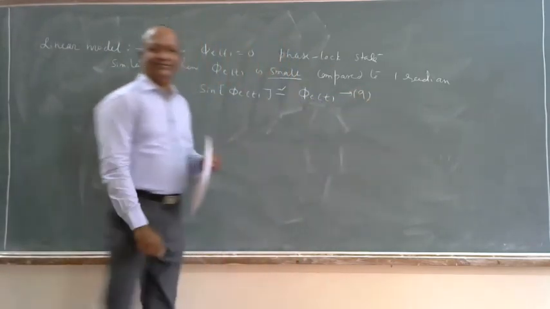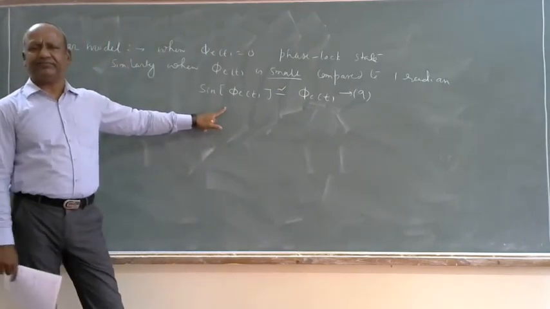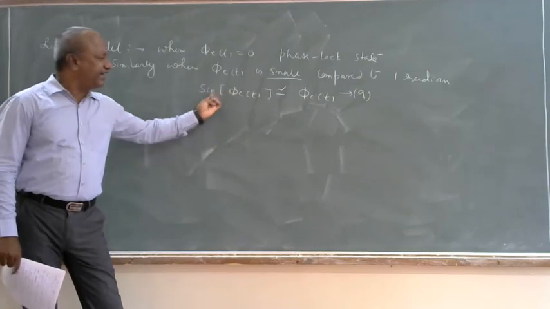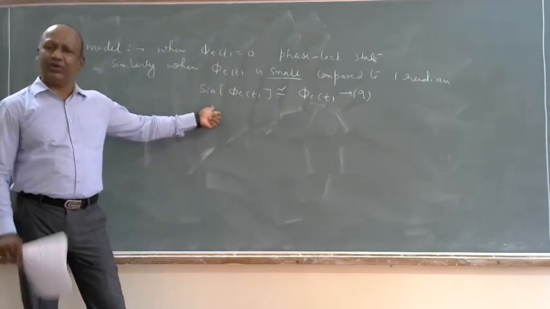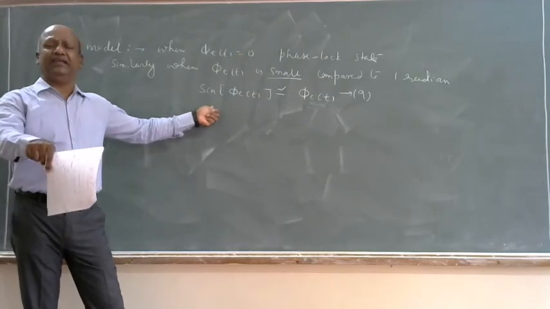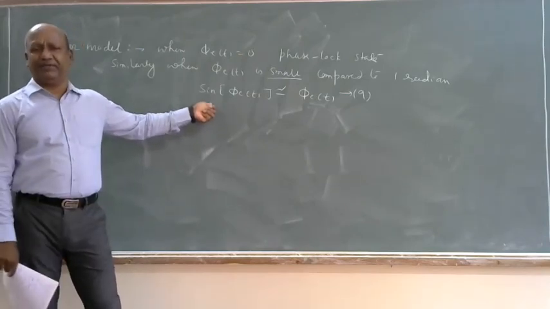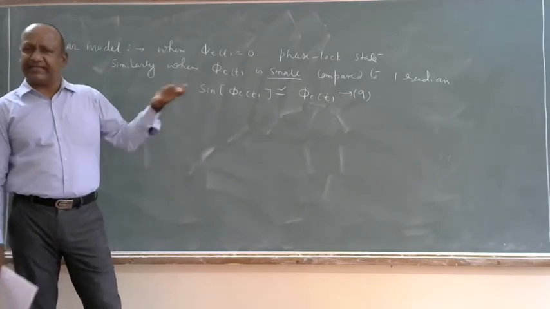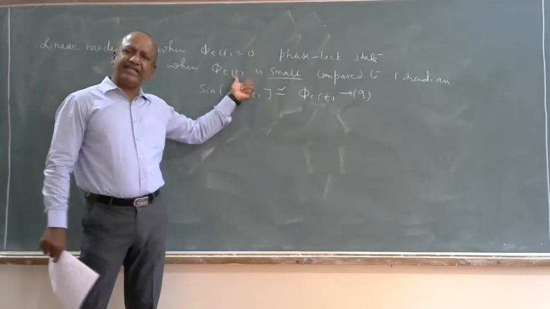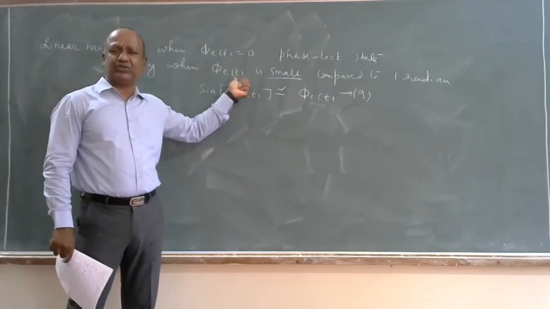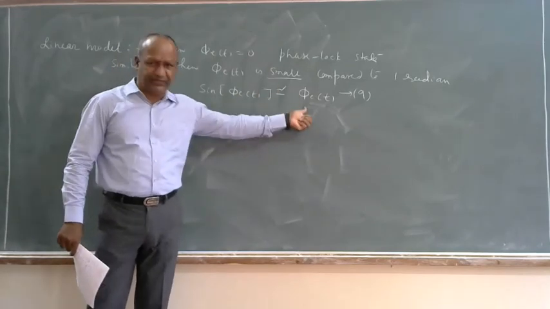So, one of the important assumptions: I discarded the sine. Sine is basically the non-linear element of my PLL. Because of this sine only, I concluded it is non-linear. When phi of t is very close to 0, sin phi of t is approximated as phi of t.